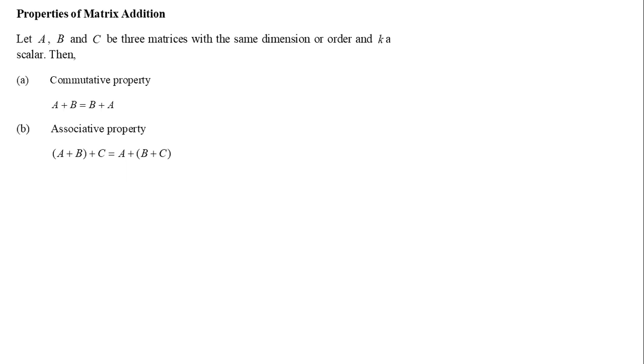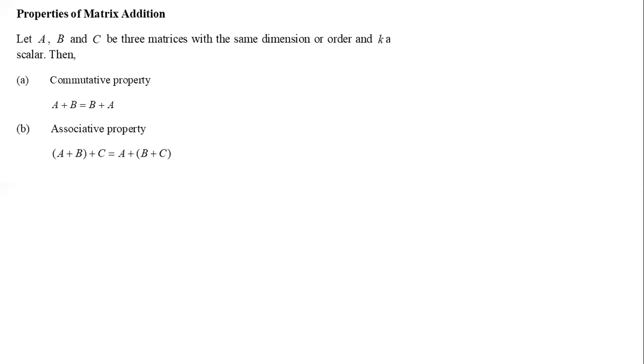That is, when I have matrices A, B, C of the same dimension, then I can decide to add any of them at any point in time. If I add A plus B, I'm going to get a matrix. The result that I got, if I add it to C, I'm going to get another result. It's the same thing as adding B and C, then you add the result to A. Do you understand?